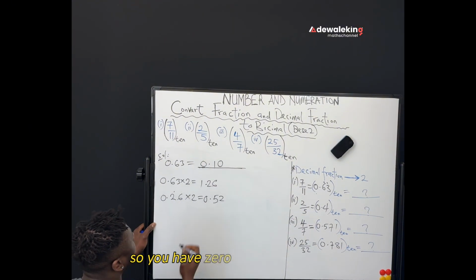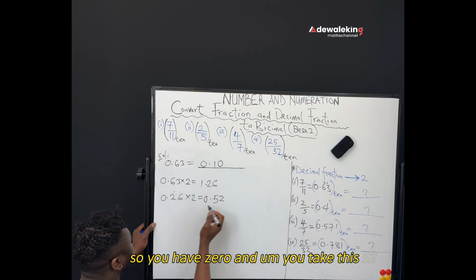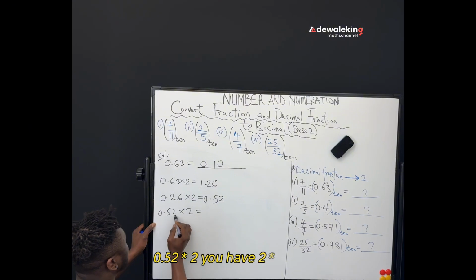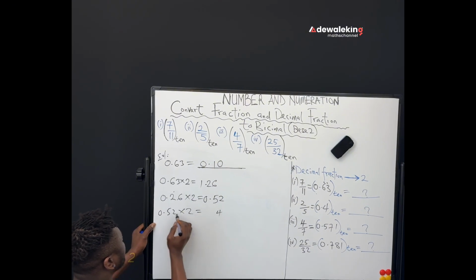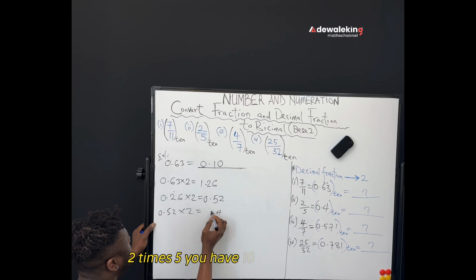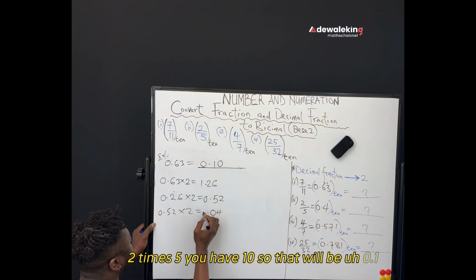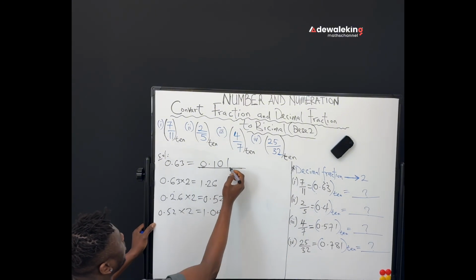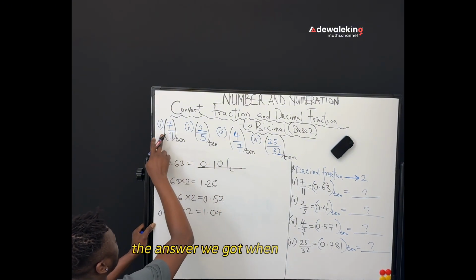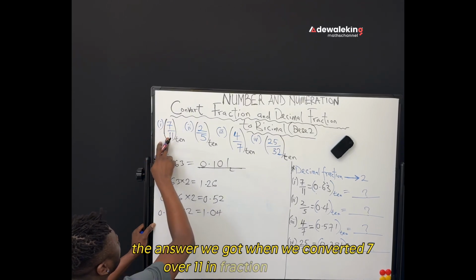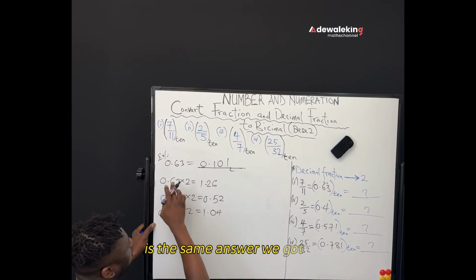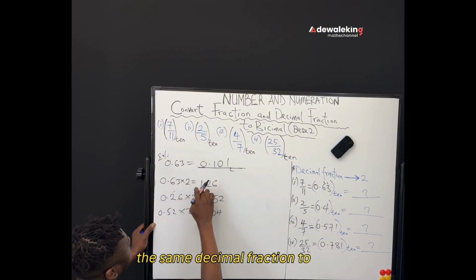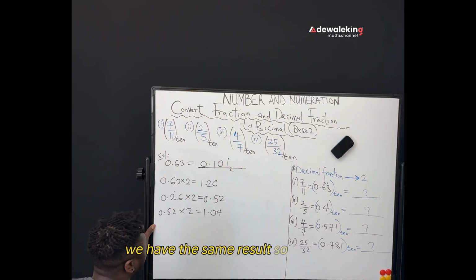So you have 0, and you take this 52, 0.52 times 2: 2 times 2 is 4, 2 times 5 is 10. So that will be 0.1, so you have 1. And that continues like that. You see that the answer we got when we converted 7 over 11 in fraction to base 2 is the same answer we got when we converted the same decimal fraction to base 2. We have the same result. So that will be the answer for that.